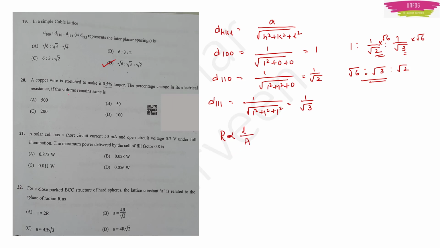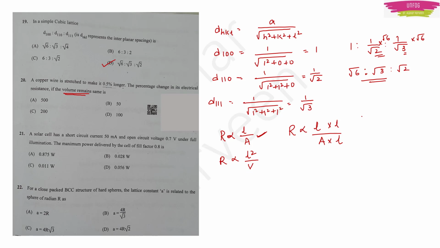But what we have to notice here is that they are talking about volume, not about area. If you think about this formula, your answer is going to be 100% wrong. So here they are telling that volume is constant. So you multiply and divide this by L so that you get R is proportional to L square by V.